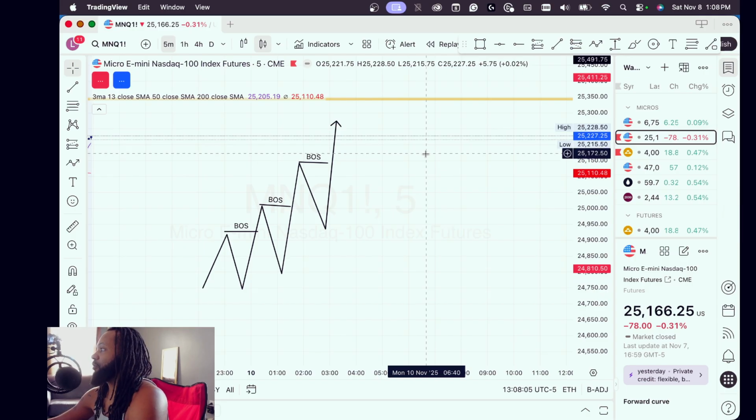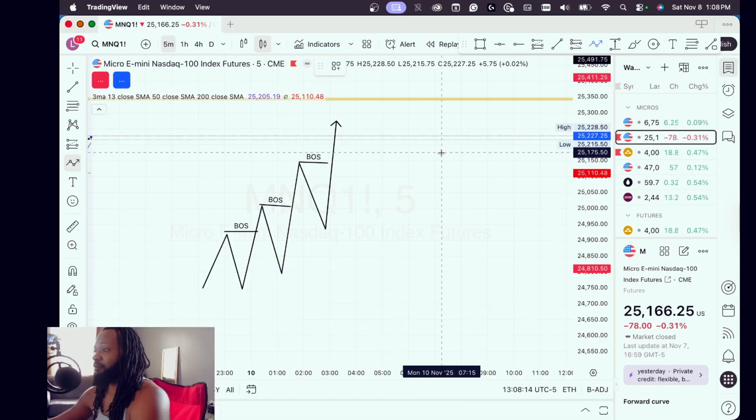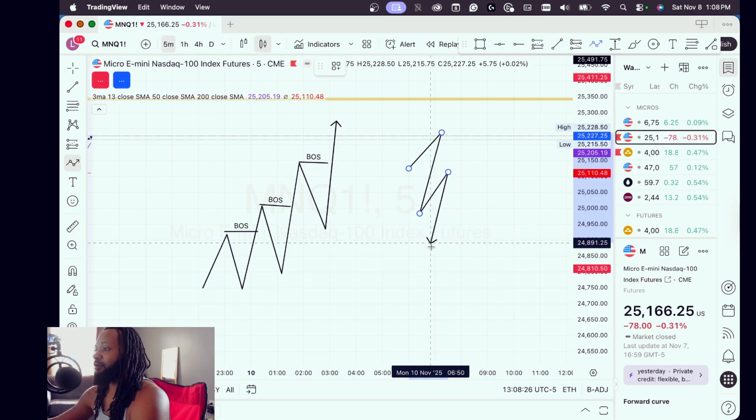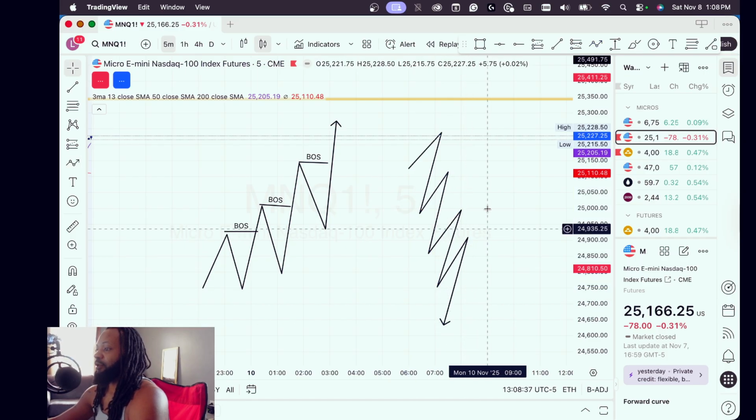That's the uptrend. The downtrend now is the opposite. It's going down. But now it's going lower high, lower low, lower high, lower low, lower high, lower low, lower high, then lower low.